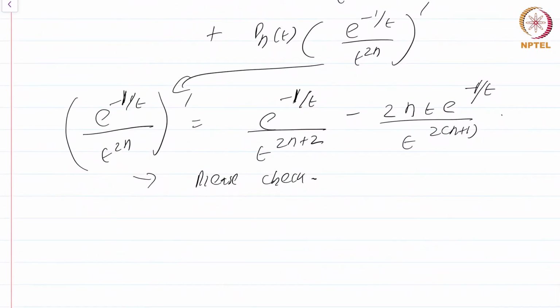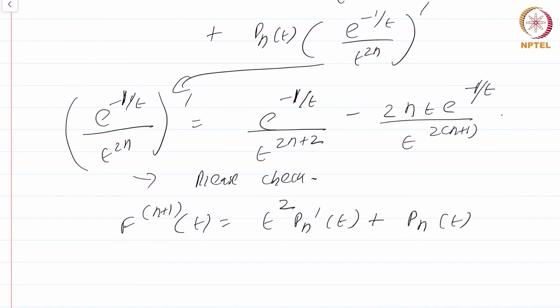Okay, now what does all this give us? It's going to give that f n plus 1, the derivative at t, is nothing but t squared pn prime of t plus pn of t minus 2n t pn of t, the whole multiplied by e power minus 1 by t by t power 2n plus 2.